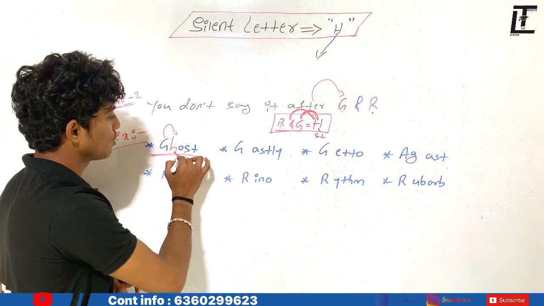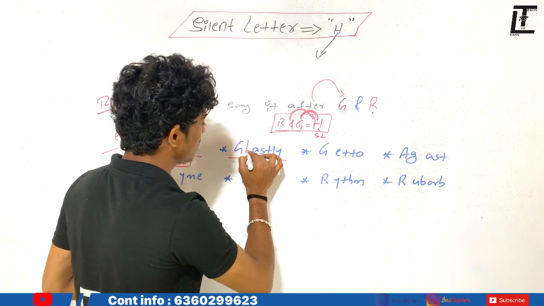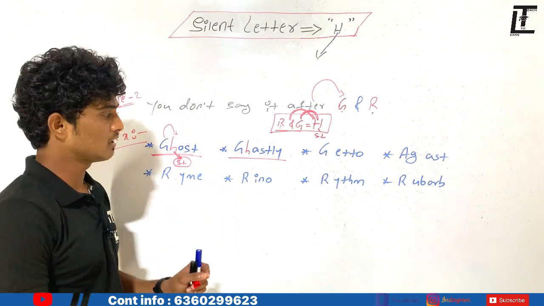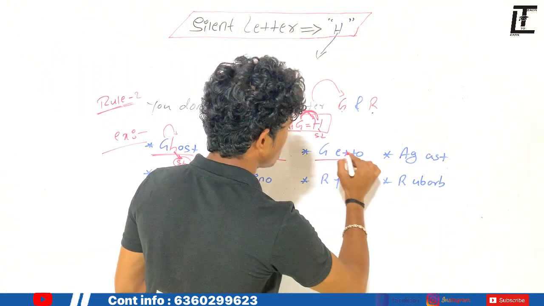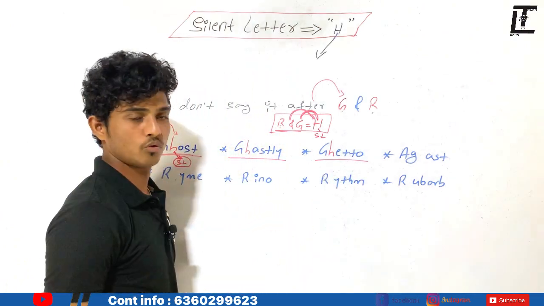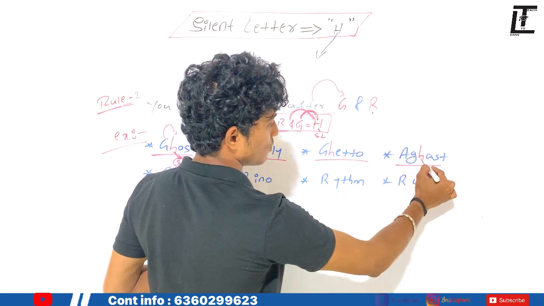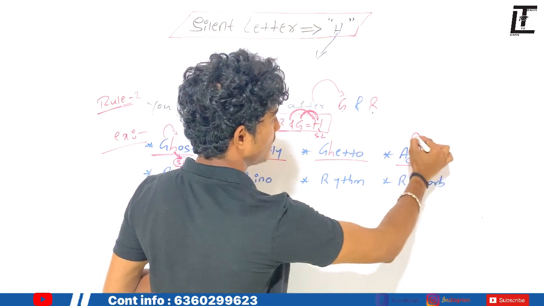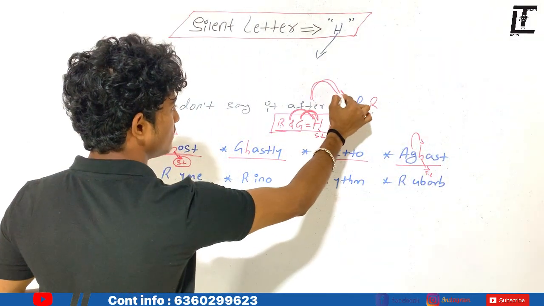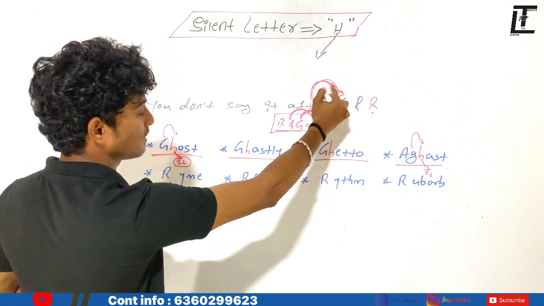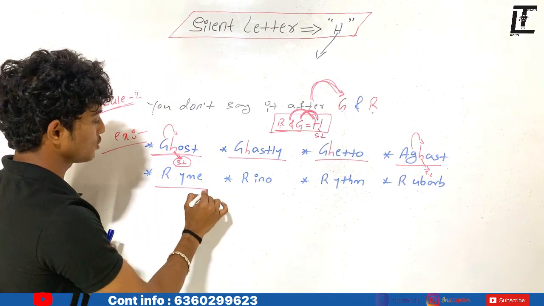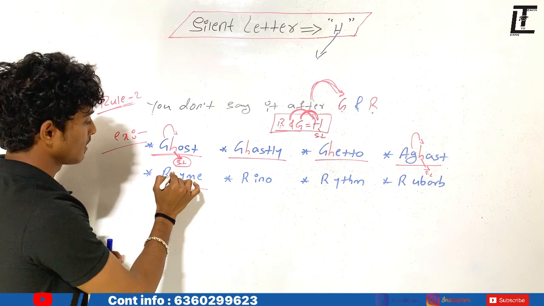This is ghost and this is ghastly. And the third one is ghetto. And the fourth one is aghast, because there is no sound of the H after the G.